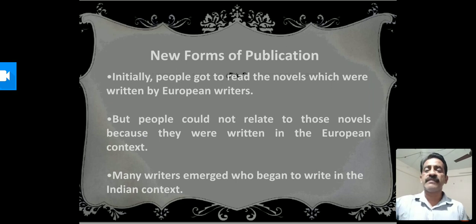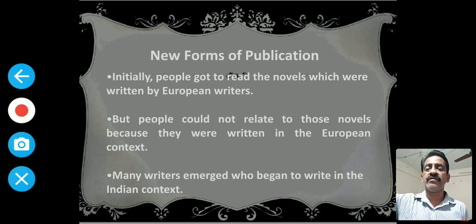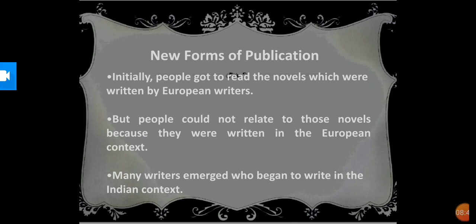What are the new forms of publications we are going to see now? Initially, people got to read the novels which were written by European writers. But slowly, as more and more people could now read, they wanted to see their own lives, experience, emotions and relationship reflected in what they read.